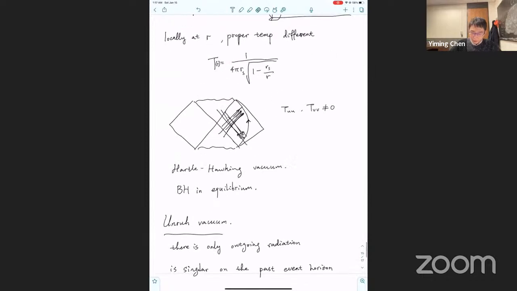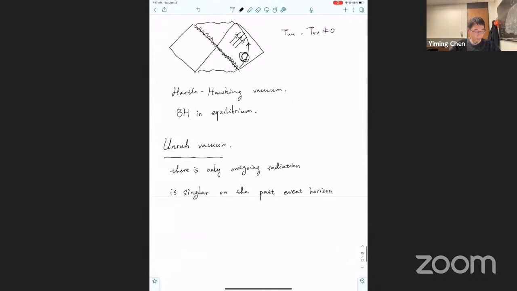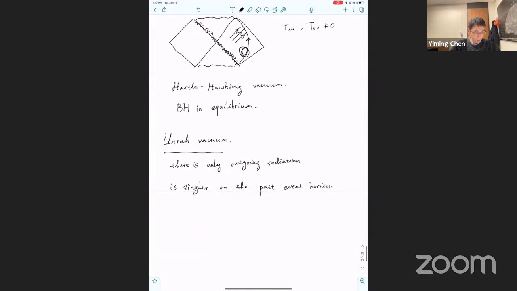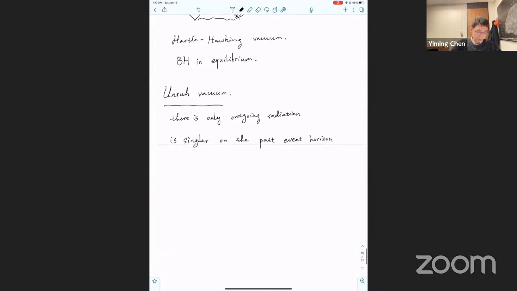In other words, let's imagine that in this diagram, I only have outgoing radiation and I remove all of the incoming radiation, I don't have anything incoming. Then the stress tensor of the quantum field will be singular on the past horizon. So let me go back and demonstrate this using the Rindler in flat space example.